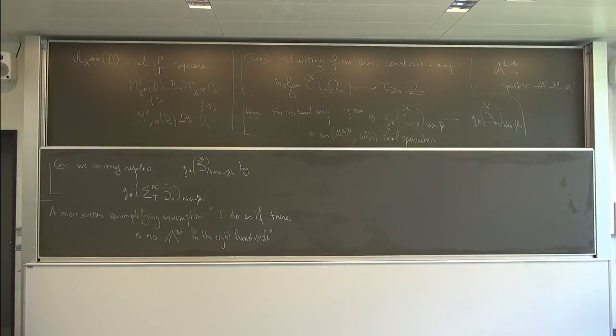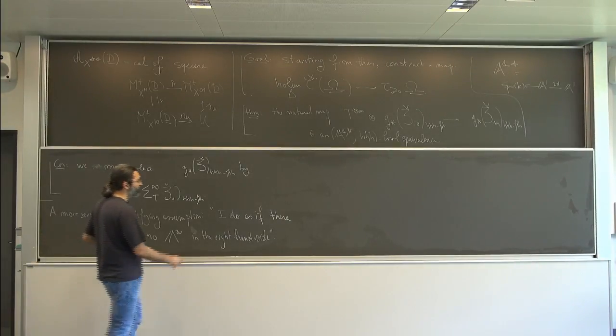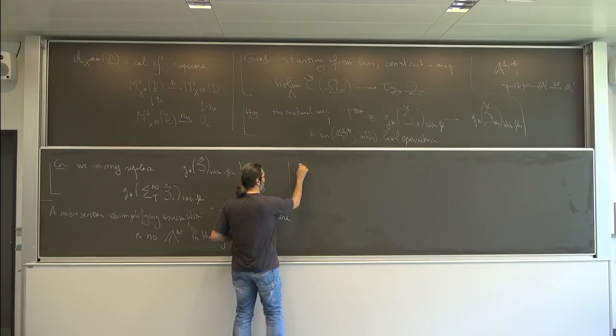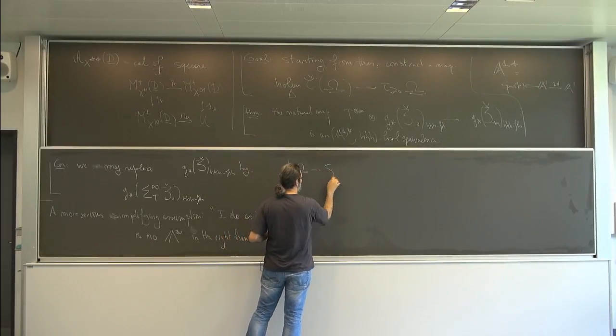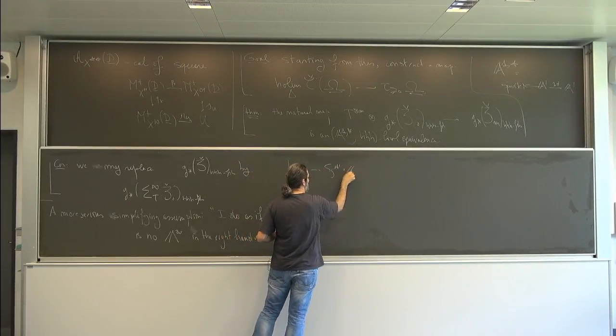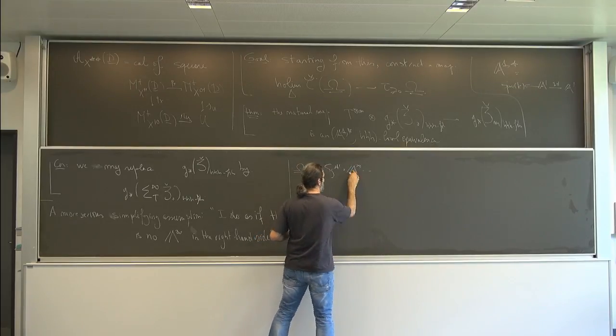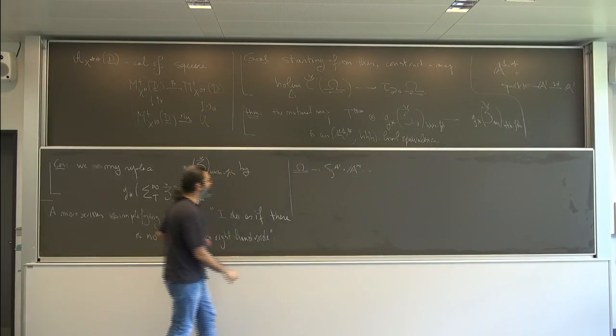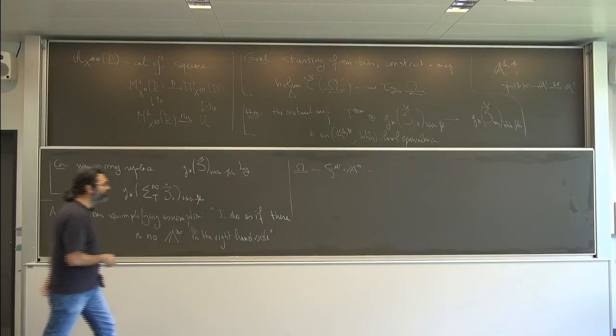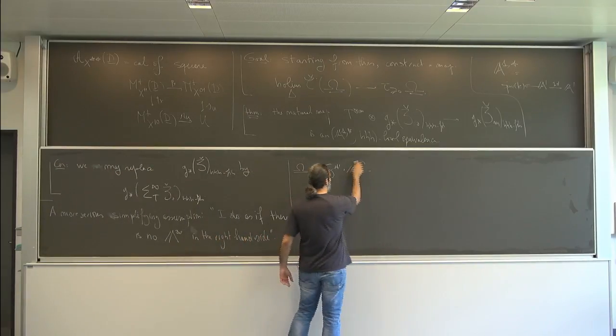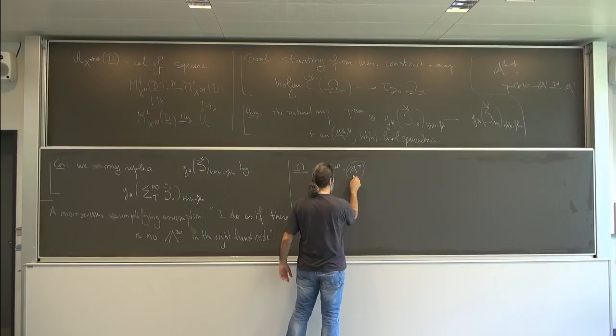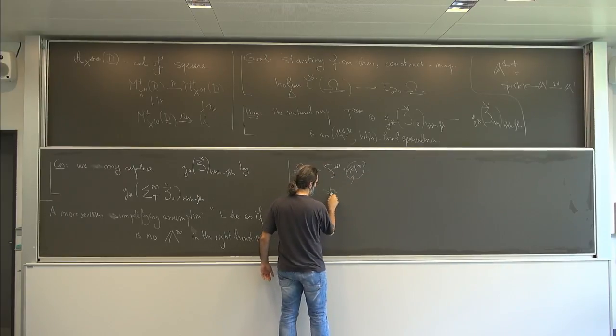So it's not anymore on the blackboard. Remember, we had a map going from omega to something where we have to stabilize. So this is stabilization of spectrum.